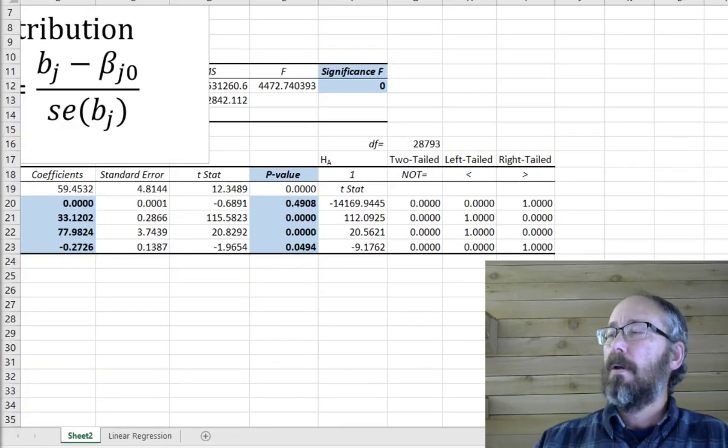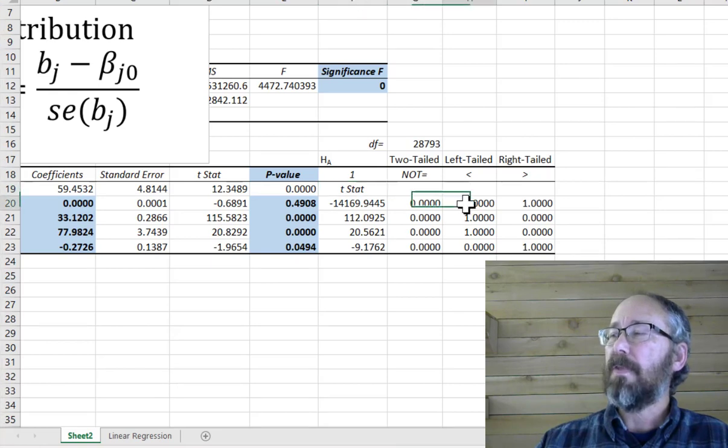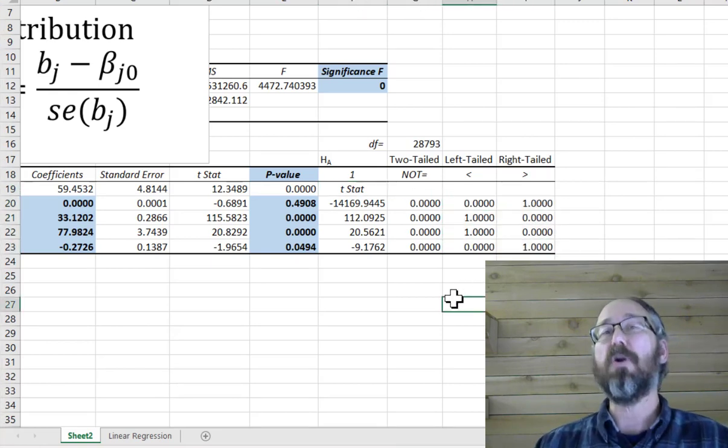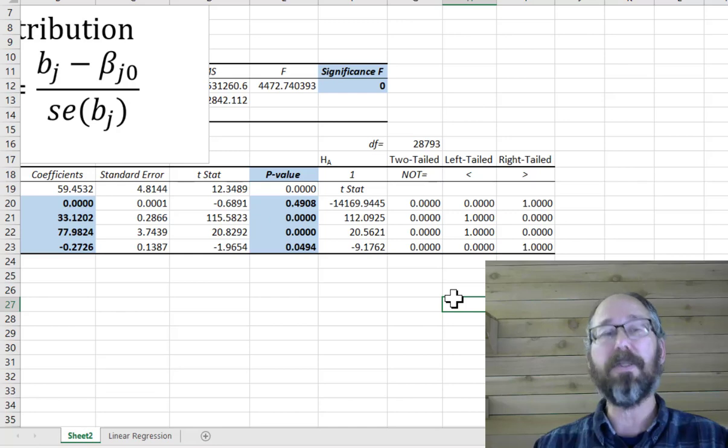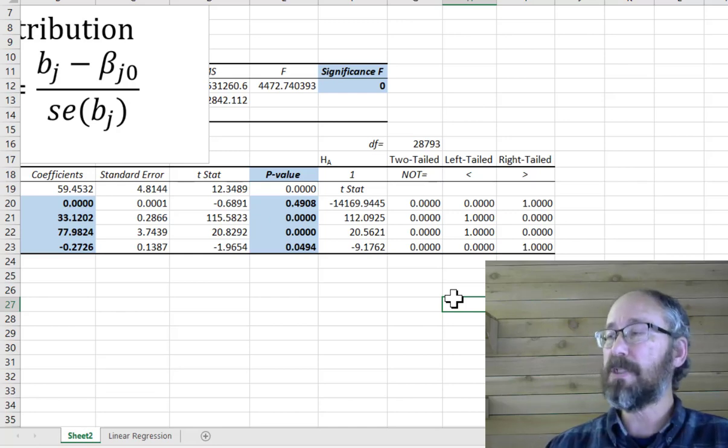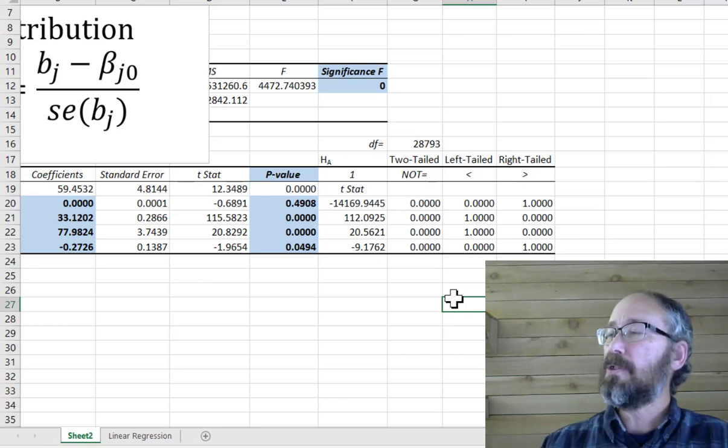So when we look at the p-value for the left-tailed and the right-tailed, remember what we're trying to determine is at the 5% significance level, are these individual predictors significant in explaining the response variable. And so what's interesting here by selecting 1 is we can take a look at the coefficient. It's 0. And this is saying, well, if it's less than 1, is that significant?